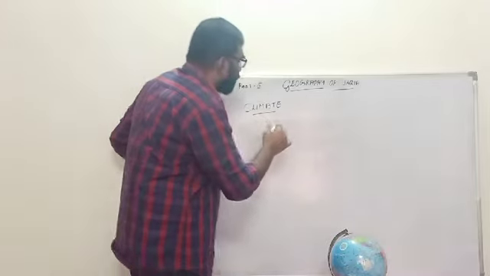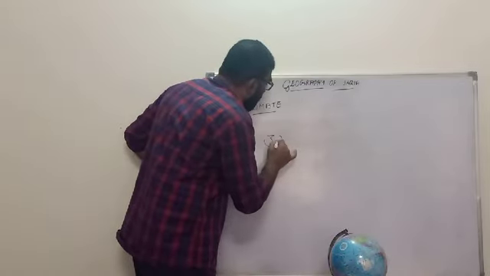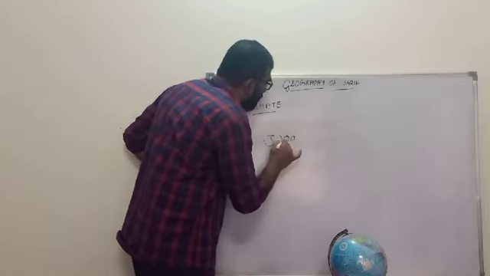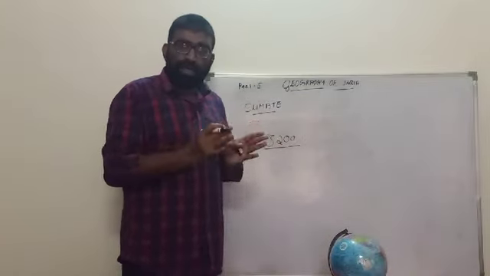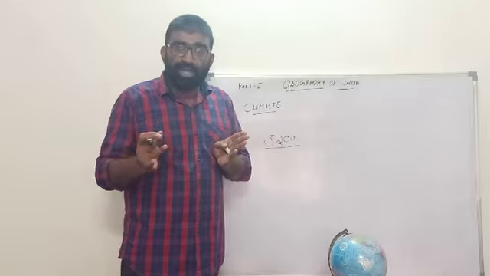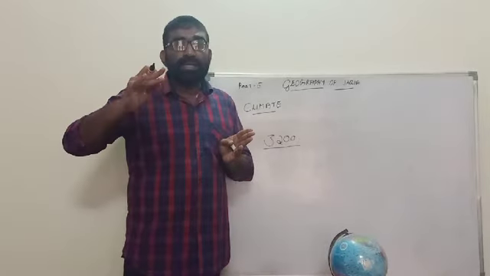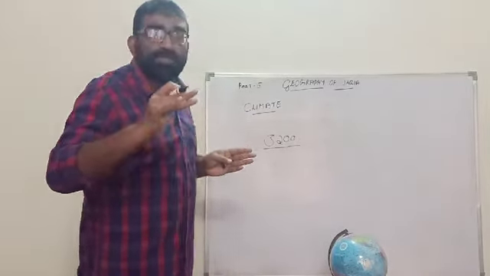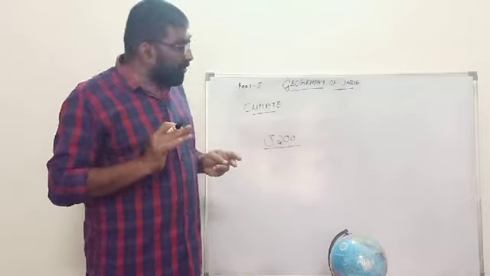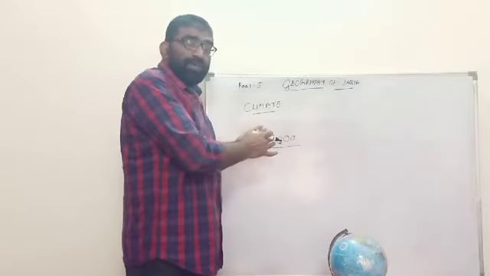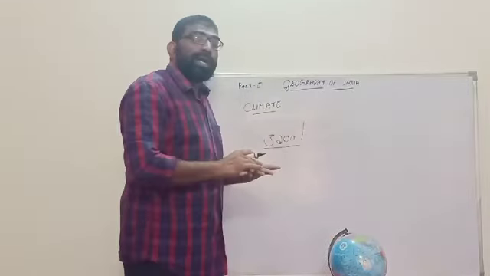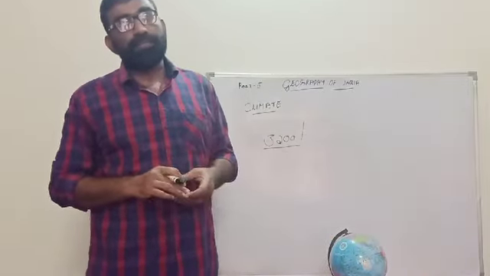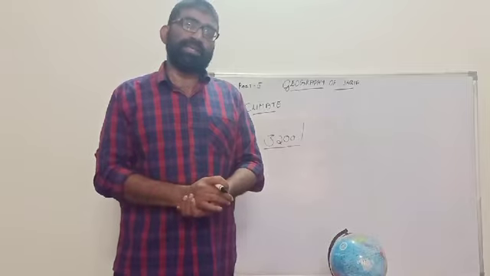See, from north to south, it's about 3,200 kilometers. The country is located between 8 degree 4 minutes and 67 degree 8 minutes. So here what happens, this large area is there, this latitudinal extent is there.